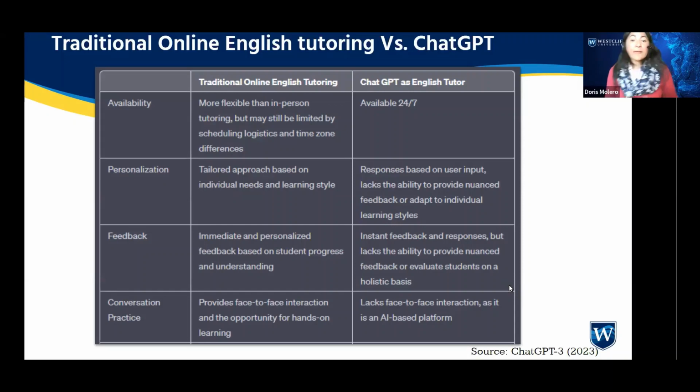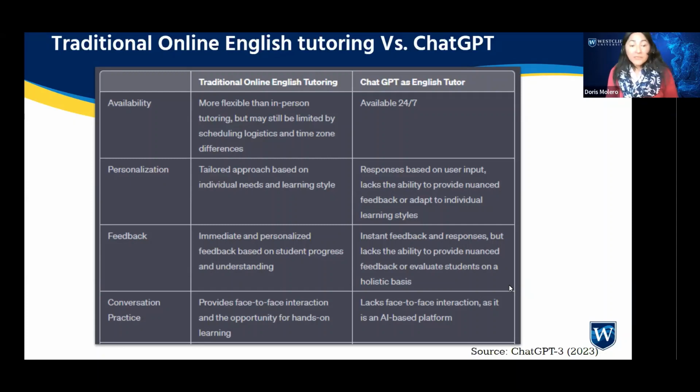This table compares traditional online English tutoring and ChatGPT as an English tutor across various criteria, showing that traditional tutoring provides a more personalized approach, face-to-face interaction, and tailored learning materials. It may be expensive and limited by scheduling logistics.